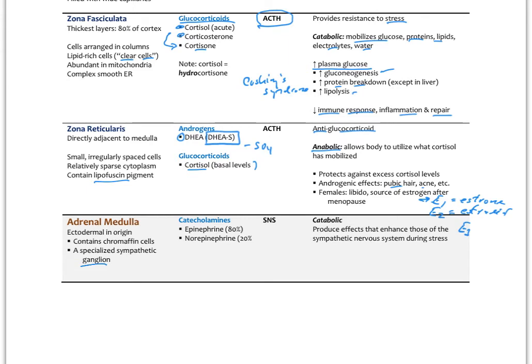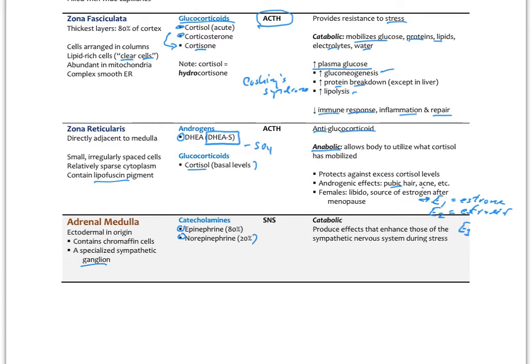Iron is a cofactor, remember, in the synthesis pathway between tyrosine and norepi and epinephrine. And the main secretions here of the adrenal medulla are epinephrine, about 80%. This again in the UK is known as adrenaline, and then norepinephrine, about 20%, which is known as noradrenaline also.